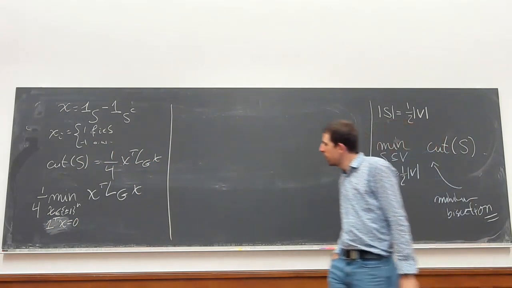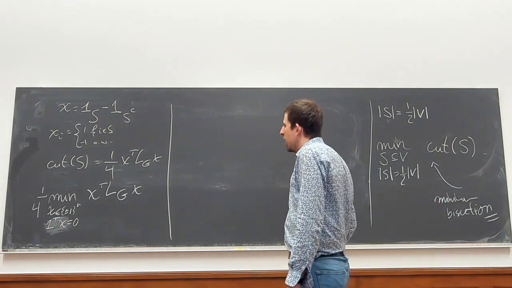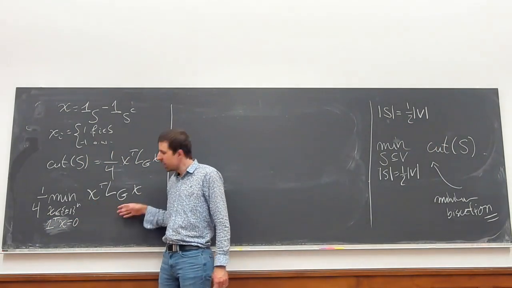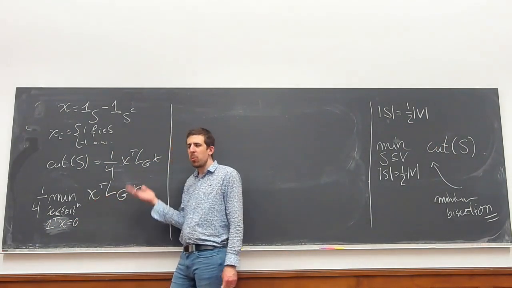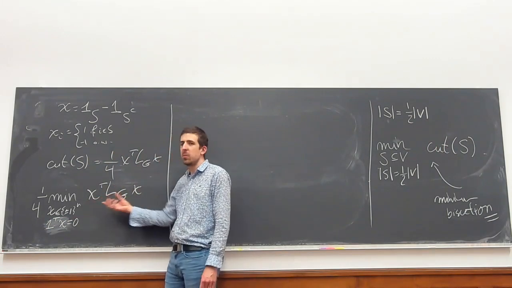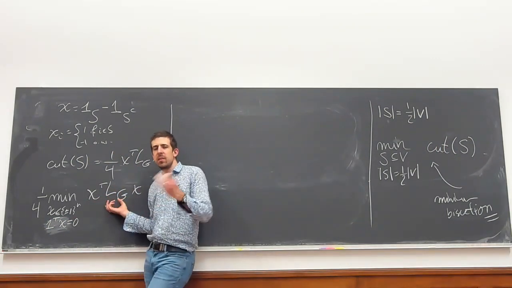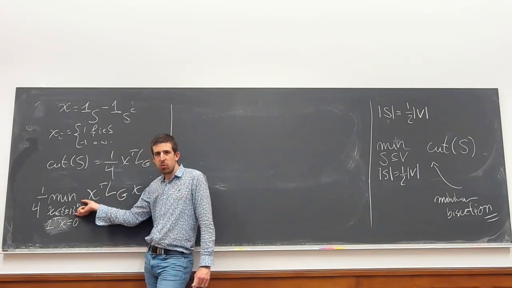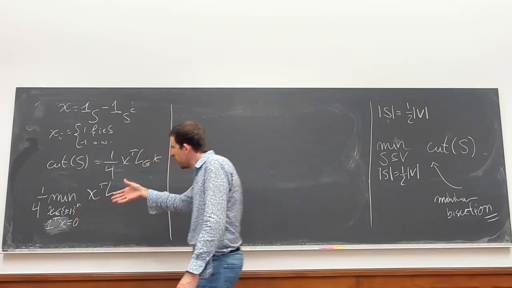Okay, but now this is still not something I can solve. It's starting to look spectral. If you remember in PCA and so on, you were maximizing a quadratic form. Minimizing instead of maximizing is just a minus sign away. But this is a strange constraint, being in the hypercube. But what if we relax that?